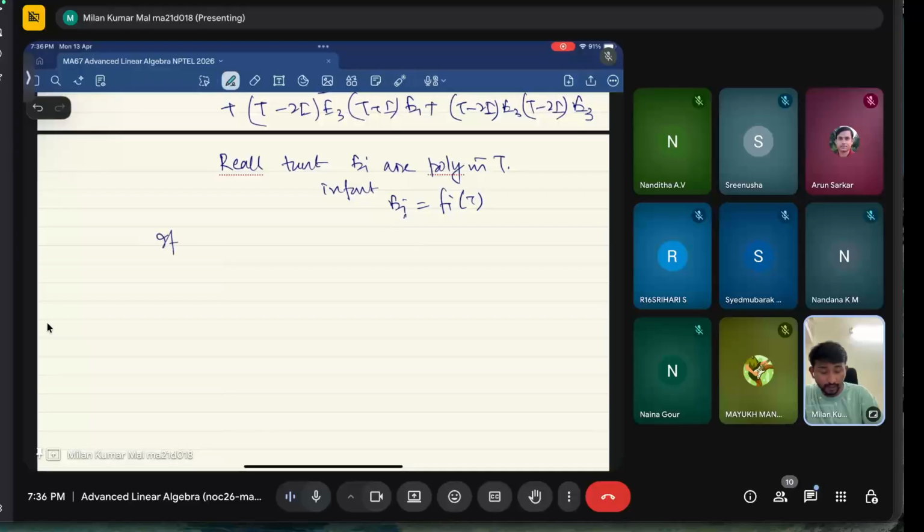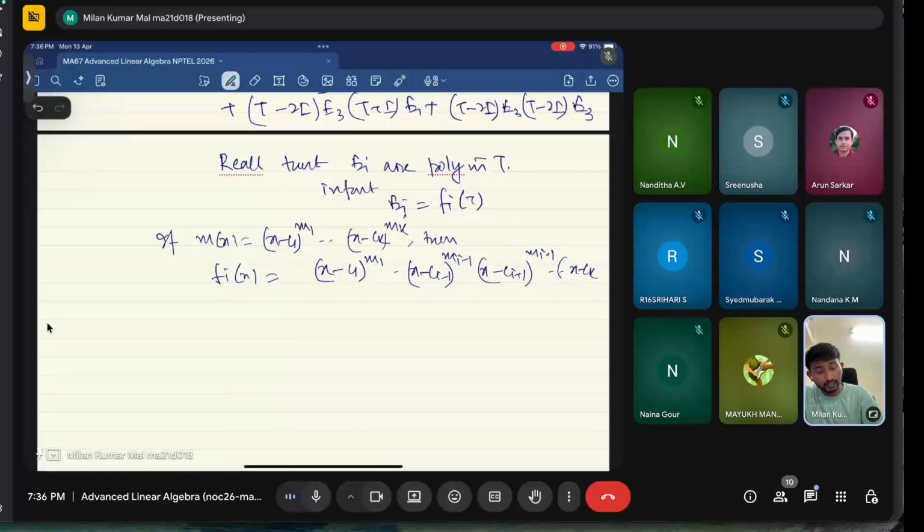If in general m(x) equals (x minus c1) to the power m1 all the way to (x minus ck) to the power mk, then fi(x) is (x minus c1) to the power m1, ..., (x minus c_{i-1}) to the power m_{i-1}, (x minus c_{i+1}) to the power m_{i+1}, all the way to (x minus ck) to the power mk, divided by (ci minus c1), ..., (ci minus c_{i-1}), (ci minus c_{i+1}), all the way to (ci minus ck) with the respective powers.